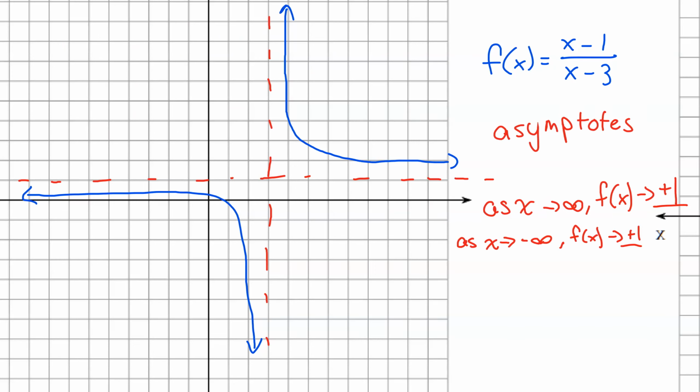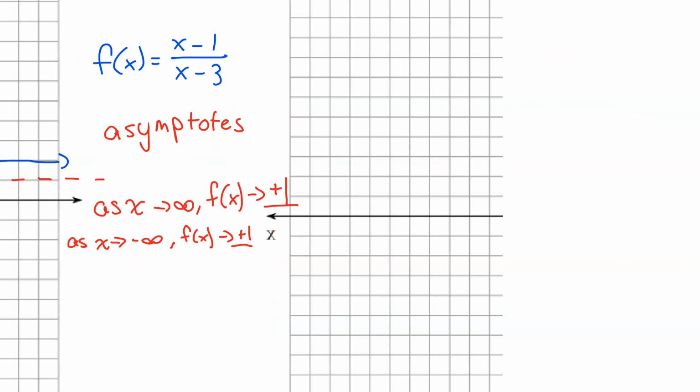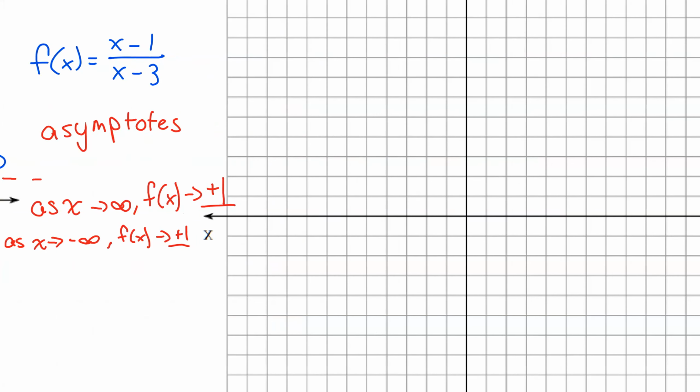So if I were looking on a graph, then I would draw a dashed line at x being positive 5 and at x being negative 1. So I would have two vertical asymptotes in this case.